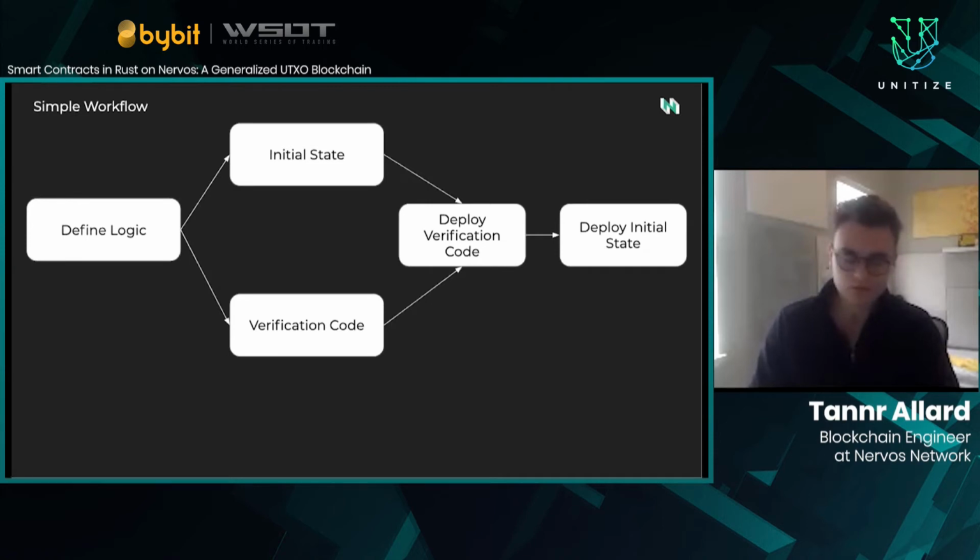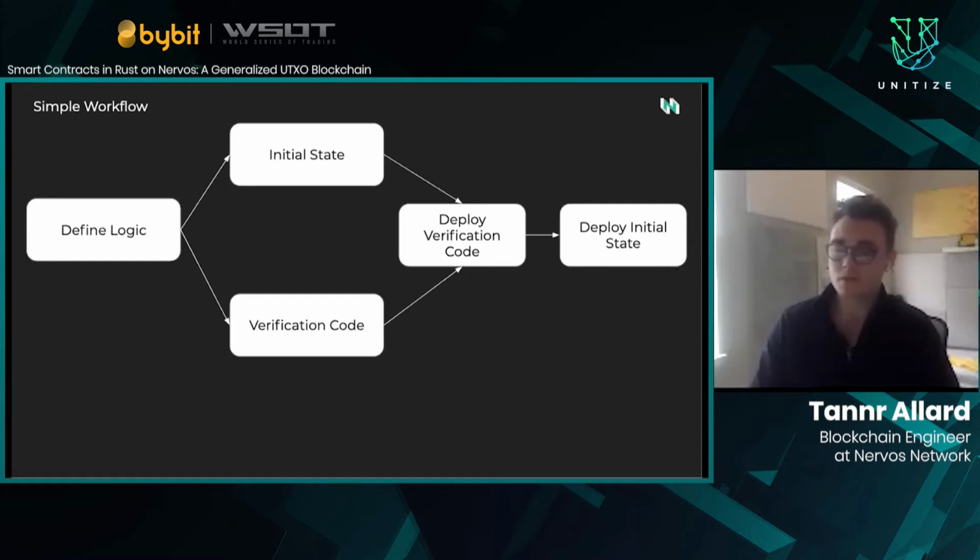And notice here how, since the chain is generalized UTXO style, smart contracts, or what we typically call them internally, scripts or verification scripts, are not these event-based scripts or contracts that live on chain, which you can call and then wait for them to perform some sort of side effect or update on chain state.